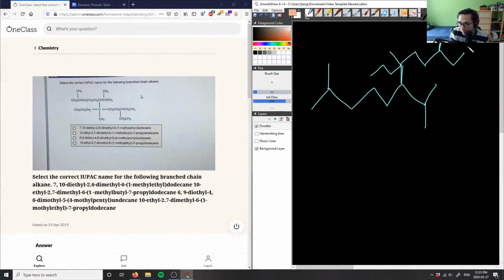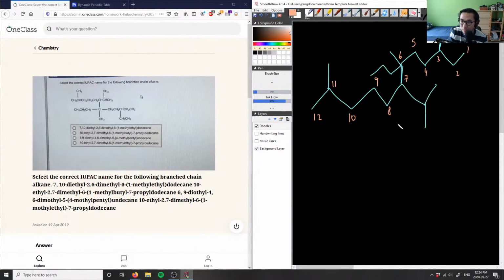So let's go 1, 2, 3, 4, 5, 6, this would be 7, 8, 9, 10, 11, and 12 here. So this is a dodecane. So we know that it's going to be either A or D as our answer here. And then within this dodecane, I'm going to write this down.